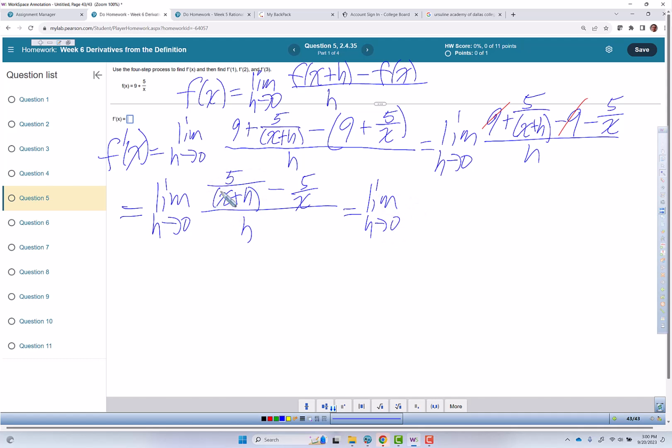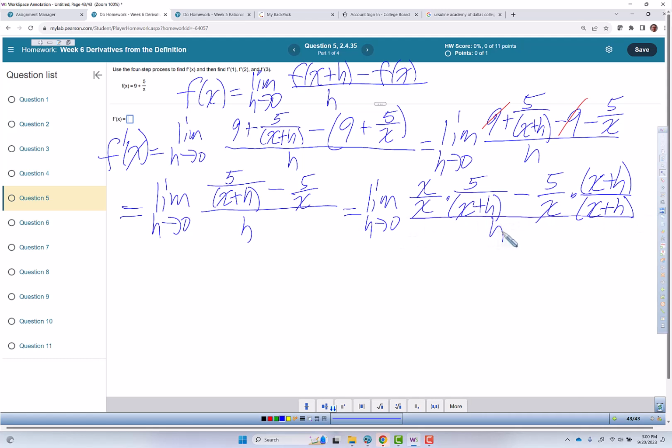So here I'm going to get a common denominator by multiplying the first fraction by 1 in the form of x over x times 5 over x plus h, then minus 5 over x. We're going to multiply this by 1 in the form of x plus h over x plus h. Then that is all over the little denominator h.